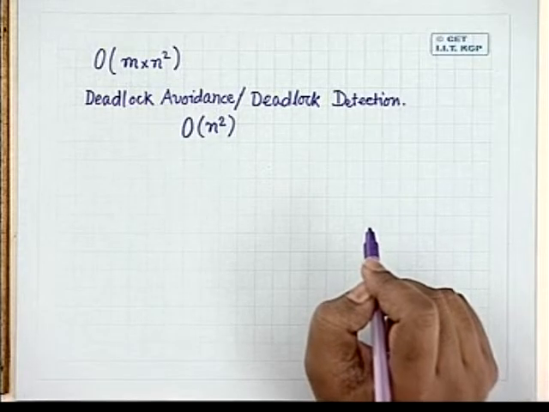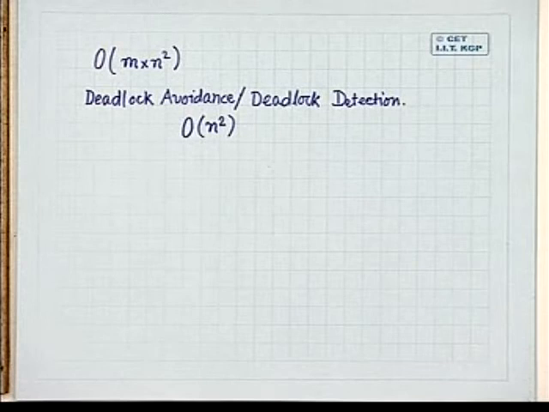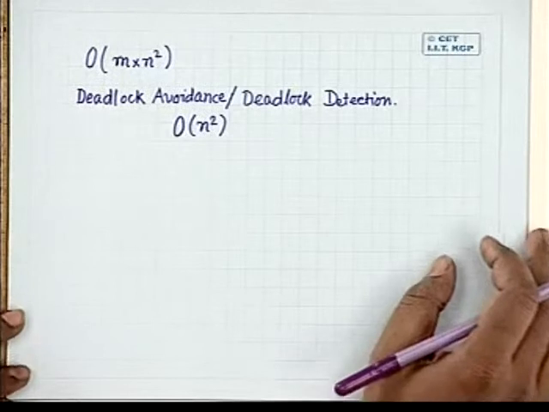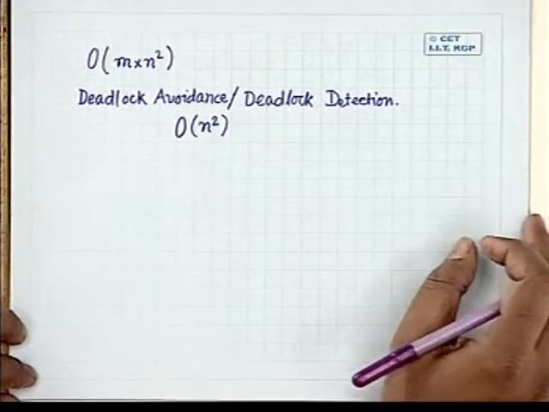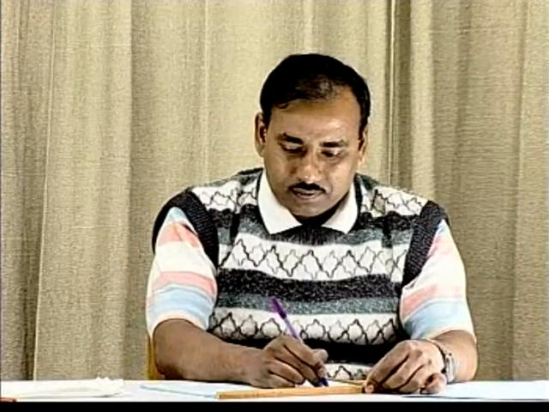Okay. Now all these deadlock problems that we have considered are concerned with the resources and processes which exist in a particular system. But how do you deal with deadlock problems in a distributed system? So let us consider the next problem, that is deadlock in distributed environment.